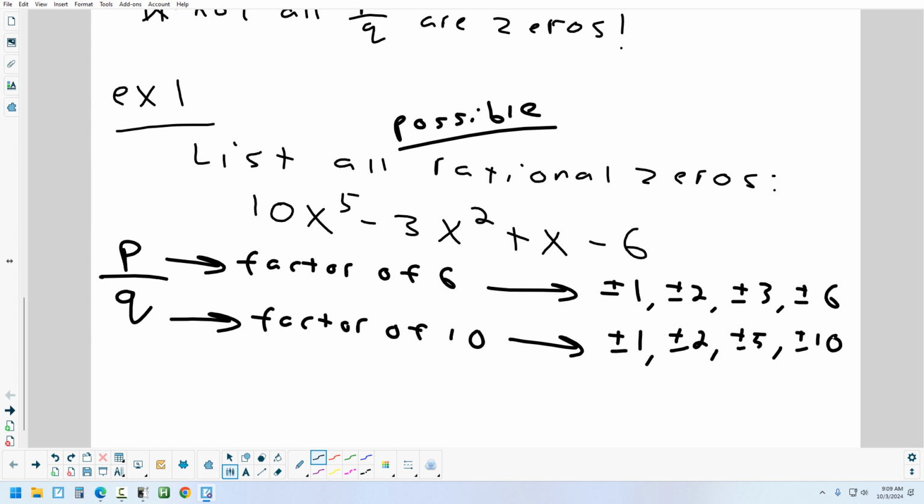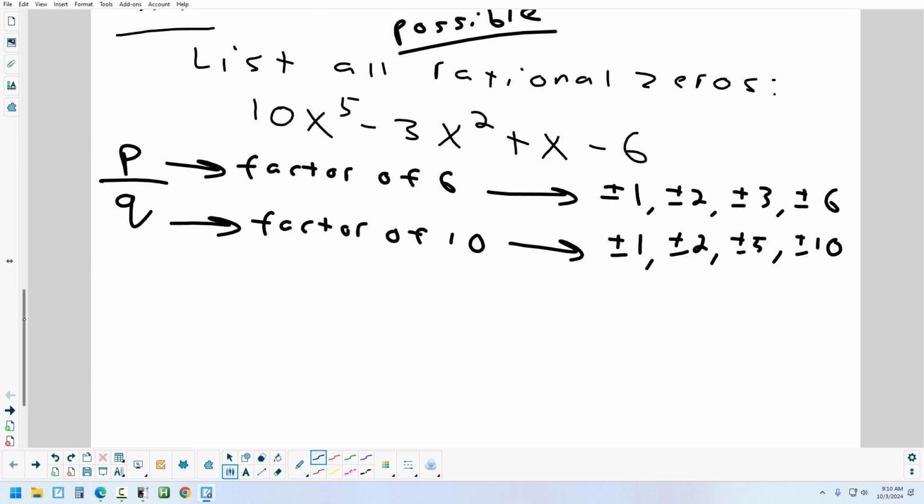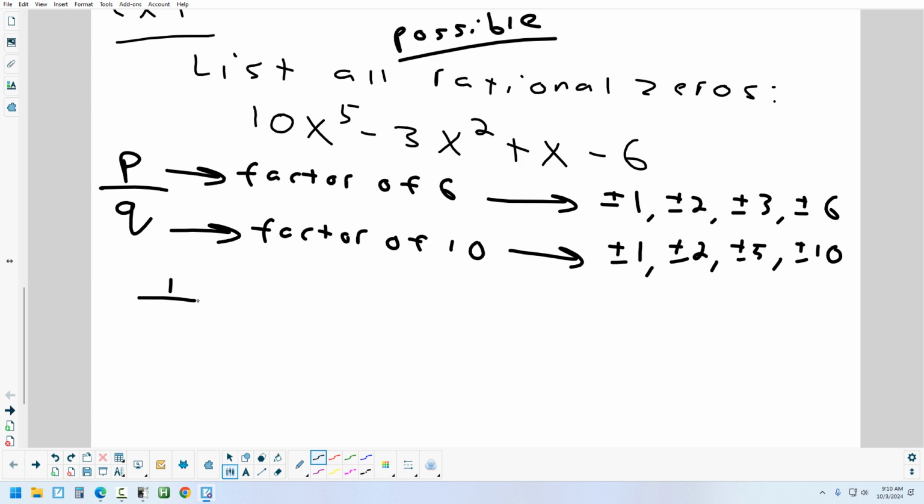Let's start with 1 being in the top. So if 1 is in the top, I can have 1 with any of those denominators in the bottom. 1 over 1, 1 over 2, 1 over 5, and 1 over 10. And I can have all those with negatives as well.